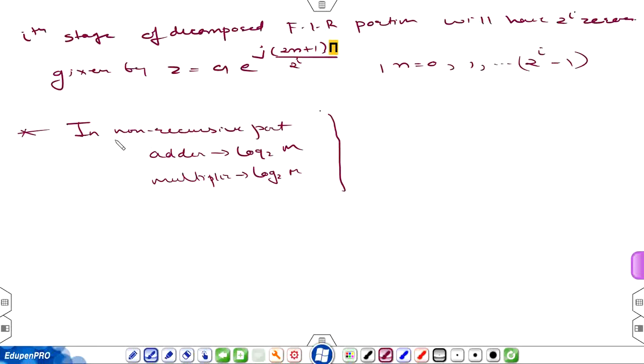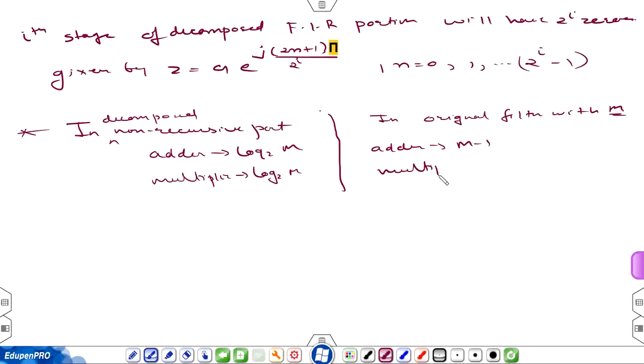Okay, so in the decomposed non-recursive part, and in the original filter with m level of look ahead transformation, the number of adders will be m minus 1, and multipliers will also be equal to m minus 1. So here you can see that the area and also the computational complexity is significantly reduced.